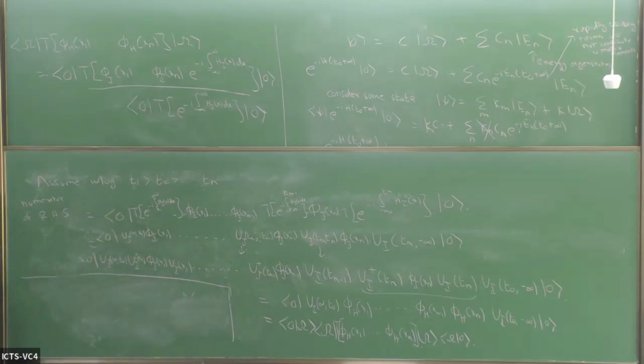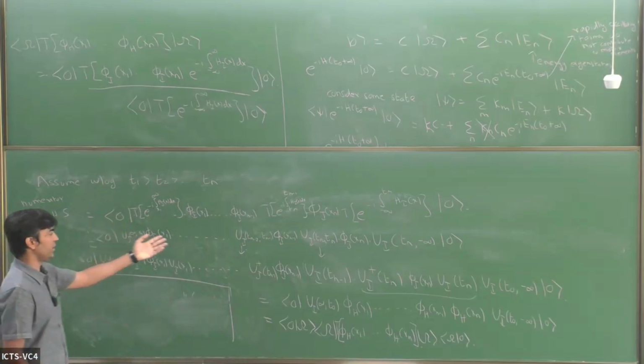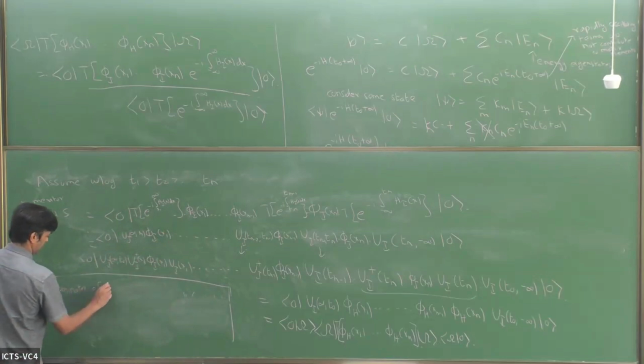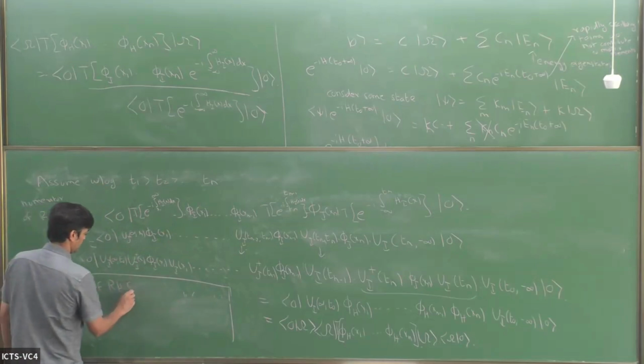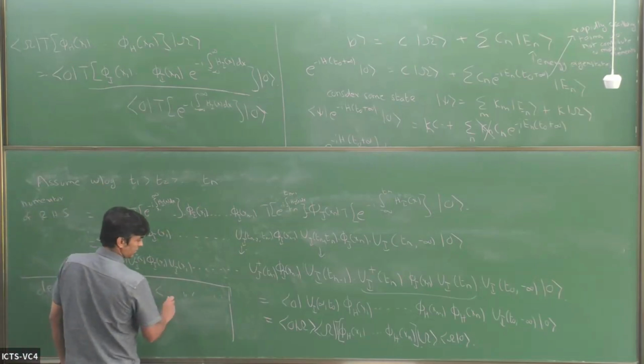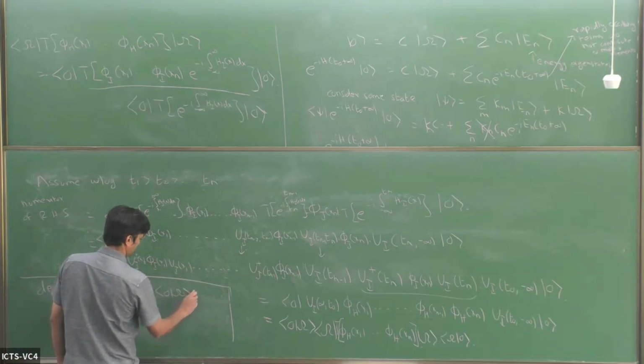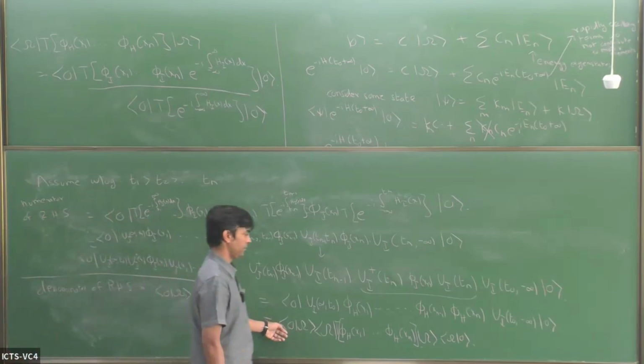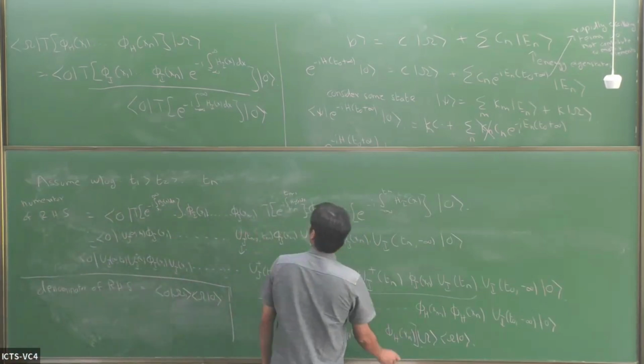For the denominator, you just do the same calculation, but don't insert any phi's. These factors just cancel. And therefore, we have shown that this is equal to that.